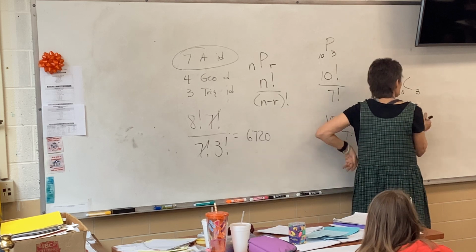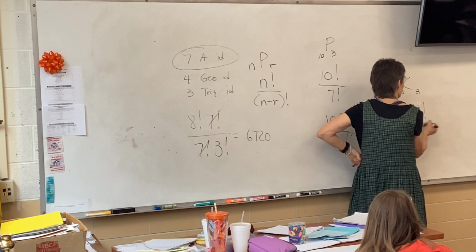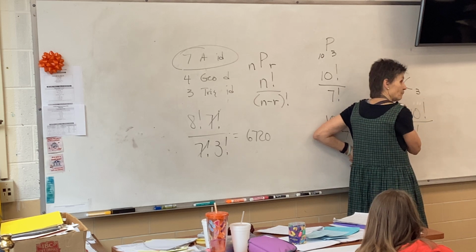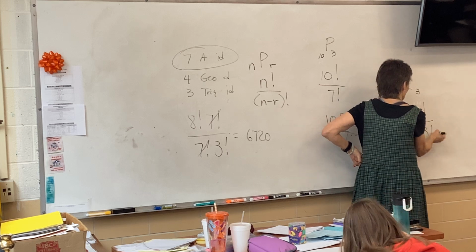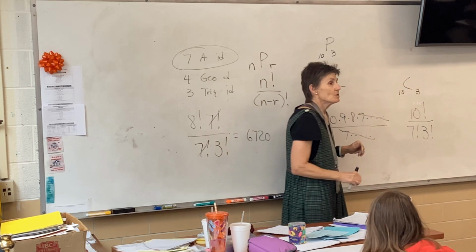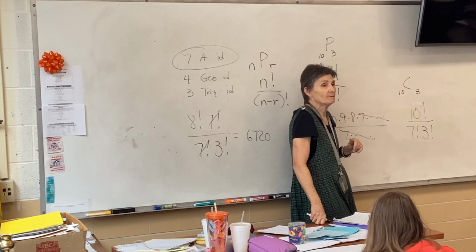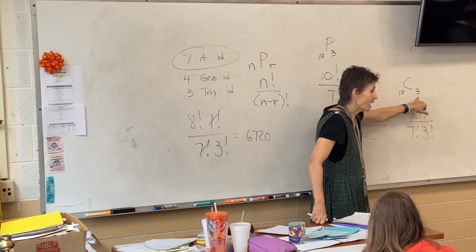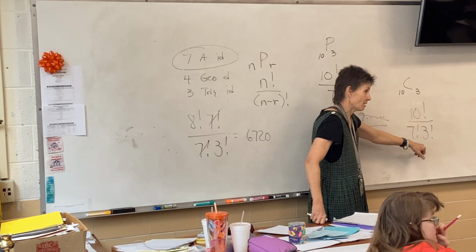This is 10 factorial over 7 factorial, just like before, but also over 3 factorial. So it's the same thing, the combination, but with a little more. You do the minus, and you keep the r.